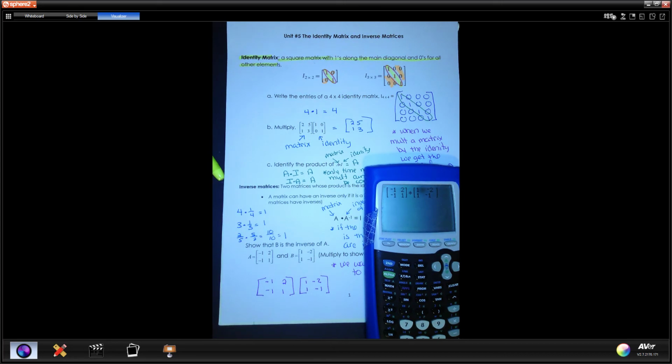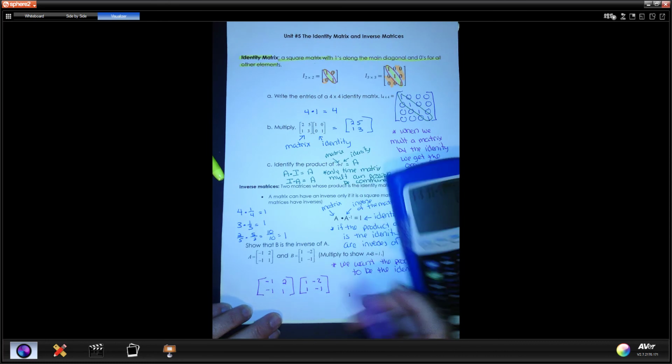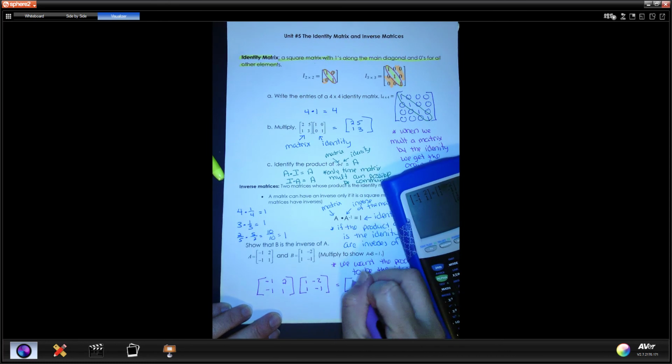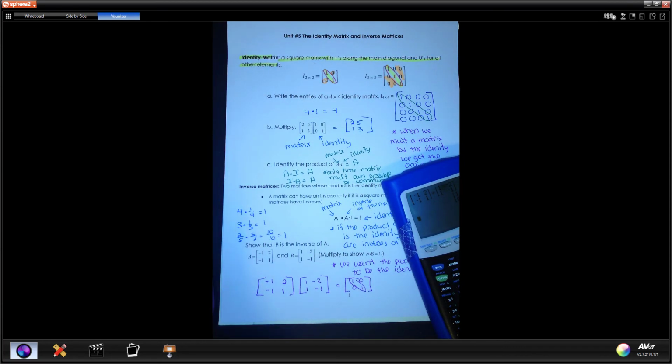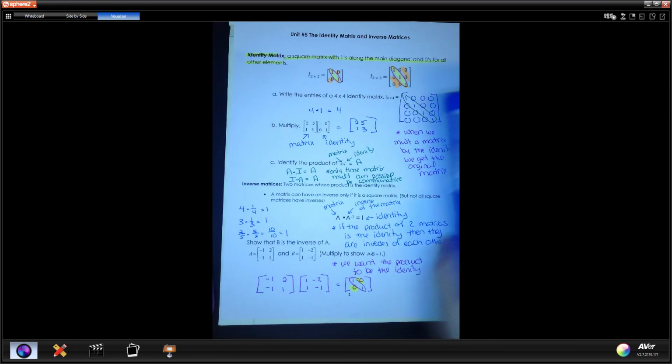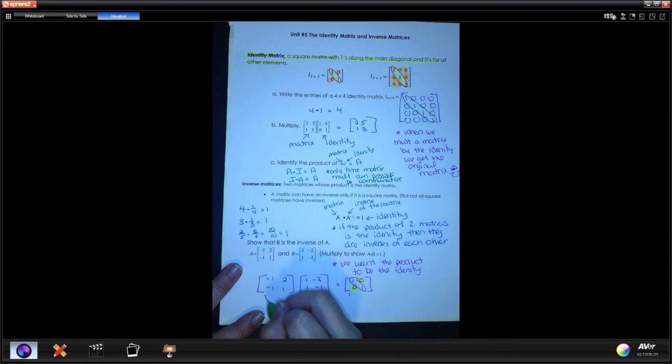And we are now going to go ahead and press enter. And notice that, hey, our answer is 1, 0, 0, 1, diagonal of ones, and we have our zeros above and zeros below. So these two matrices are inverses of each other.